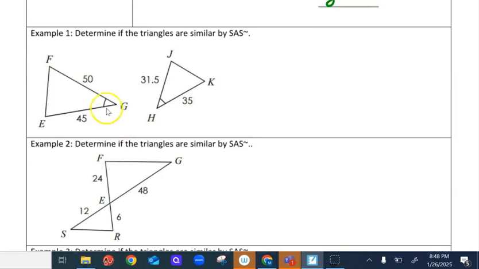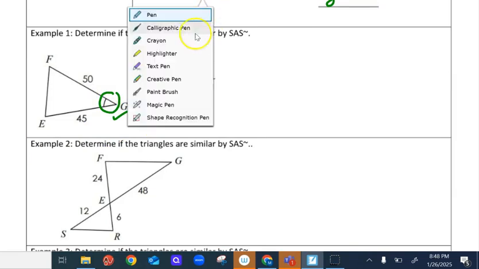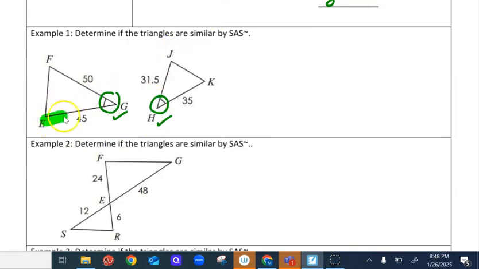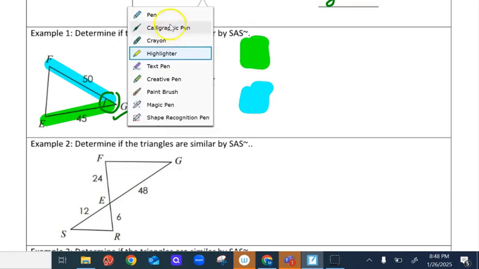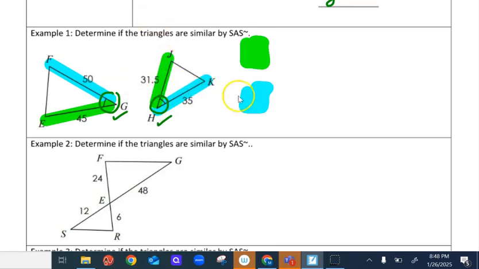All right, so remember, now we're looking for congruent angles, which they gave us, and then their proportional sides. So in this case, here's the small side that would go with this one. The larger side would correspond to this one, and we're going to see how they work out together. 50/35 and 45/31.5.